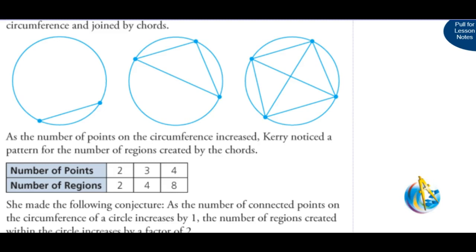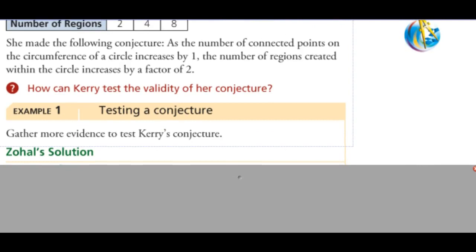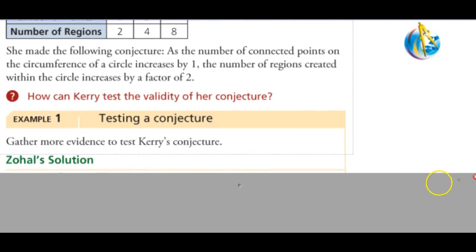Okay, this is a counterexample. Okay, because if you actually worked it out, then you would notice that the regions were only 31. Okay, so you just found a counterexample, meaning you found something to prove the statement invalid. Okay, let's move to another example.